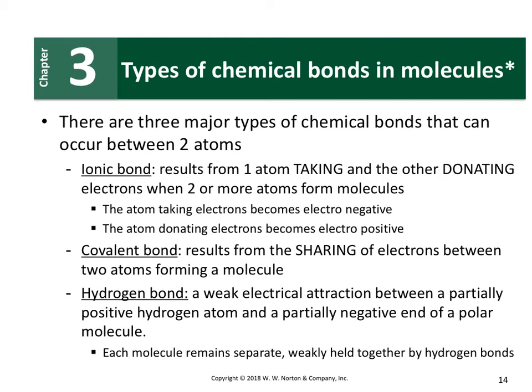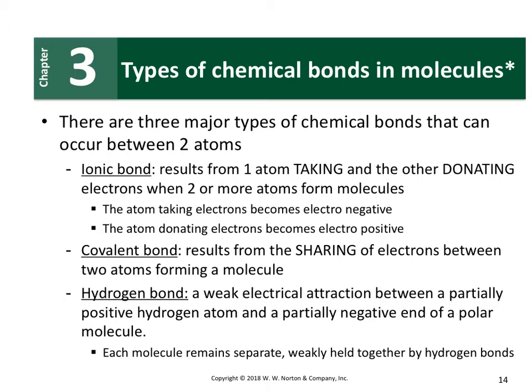So there's basically 3 kinds of bonds. There's ionic bonds, covalent bonds, and hydrogen bonds. Ionic bonds: one party takes the electrons from the other. And so one of the atoms in this molecule is electronegative and the other is electropositive.